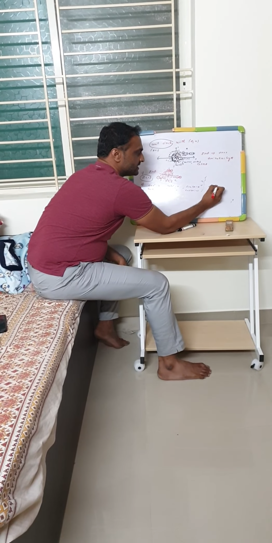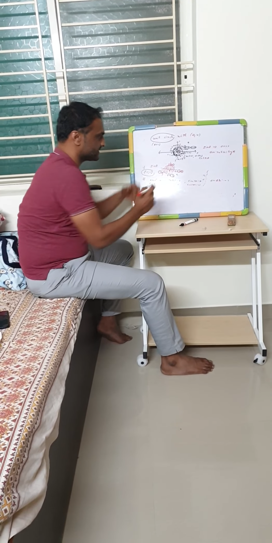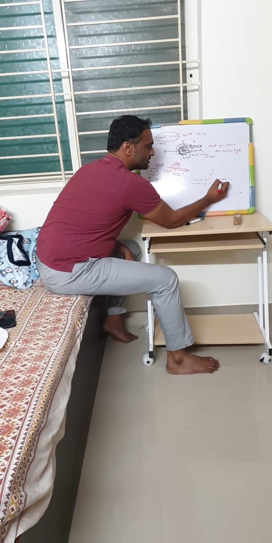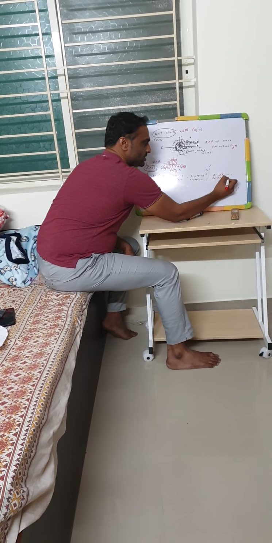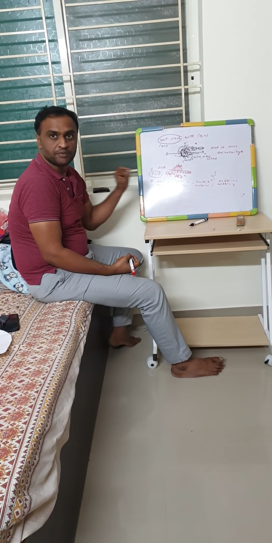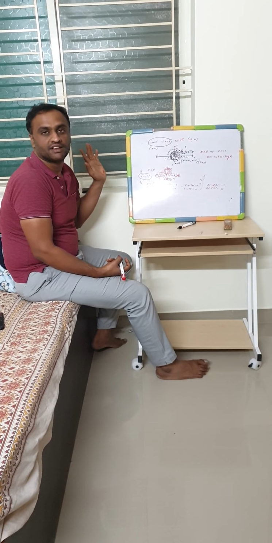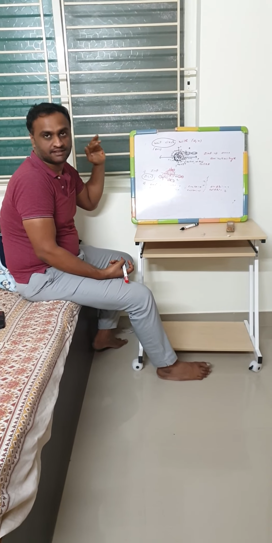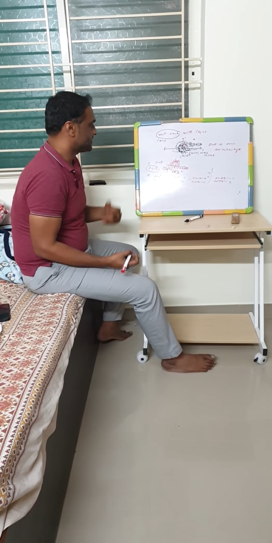Sin 270 degrees is minus 1, the y coordinate, the perpendicular to the x-axis, and cos 270 degrees is equal to 0, the x coordinate, the perpendicular to the y-axis. So we are able to answer the second question also through this definition, where we were not able to answer it through sin theta equals opposite side by hypotenuse.